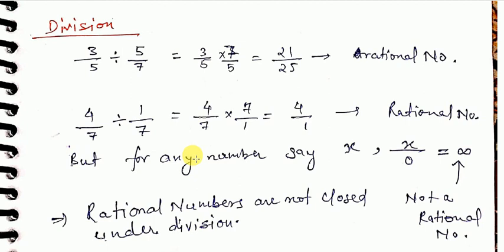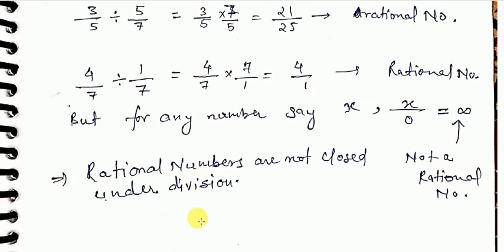But what will happen if we divide any number by 0? It is not defined, and not a rational number. So for a pair of rational numbers in which one is 0, if we divide a rational number by 0, we don't find the result as a rational number. It means rational numbers are not closed under division.